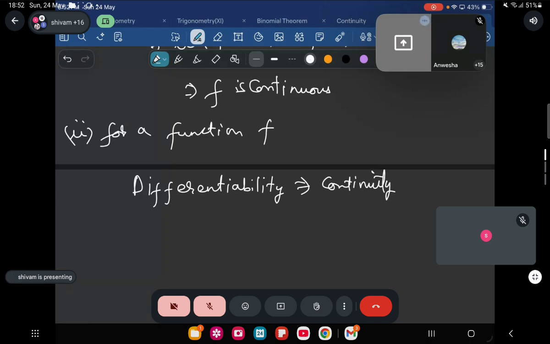But non-differentiability does not imply discontinuity. If the function is non-derivable, it does not mean that it will be discontinuous. Okay, everyone?